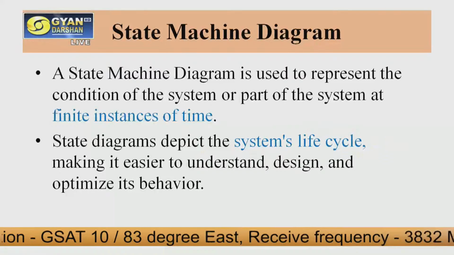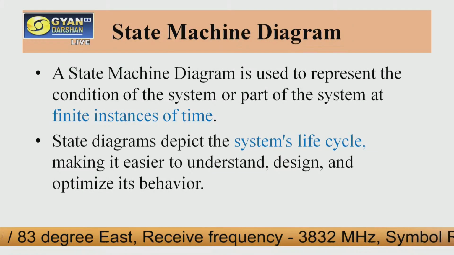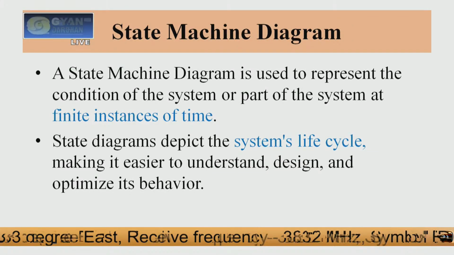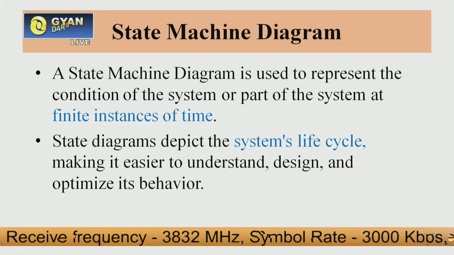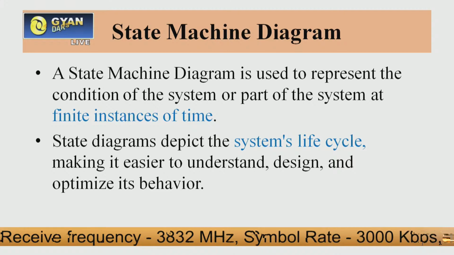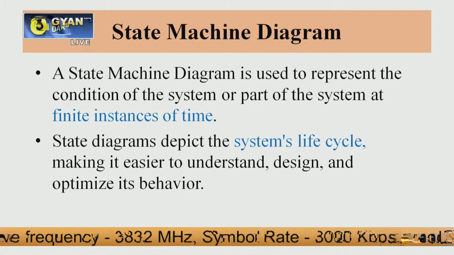Further, if we talk about the state machine diagram, we can say that a state machine diagram is used to represent the condition of the system or part of the system at a finite instance of time.